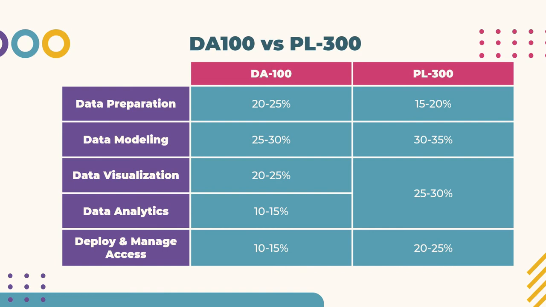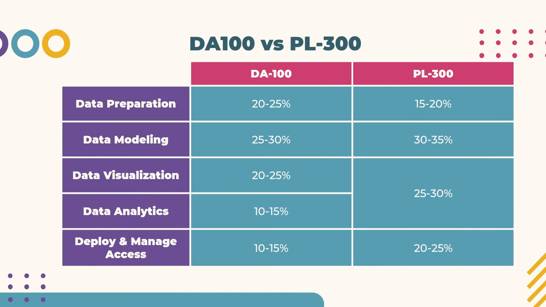Moving on to data visualization in the old exam, 20 to 25, while data analysis was 10 to 15. Both of them merged into one topic in the new exam so that the exam provider can control the distribution between the questions related to visualization and questions related to analytics.